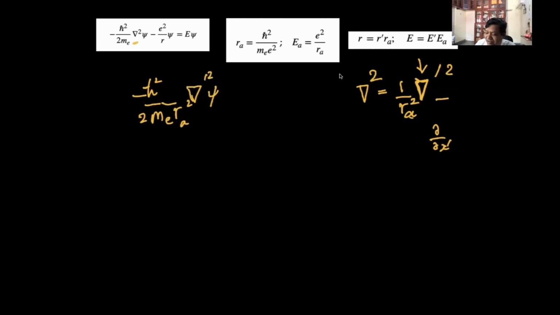I'm not non-dimensionalizing psi. Psi can also be non-dimensionalized, but it appears in all three terms, so it doesn't really matter for this problem. So e squared by r will be replaced by r prime times r_a, psi. E is replaced by E prime times e squared by r_a, psi.